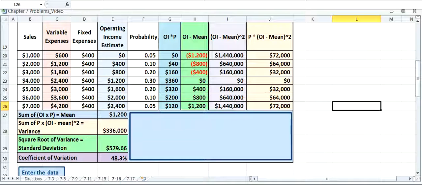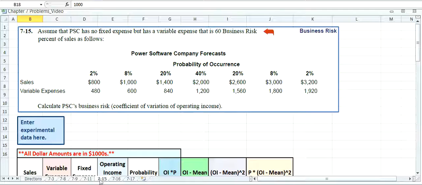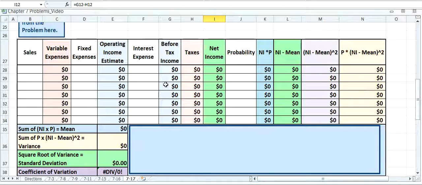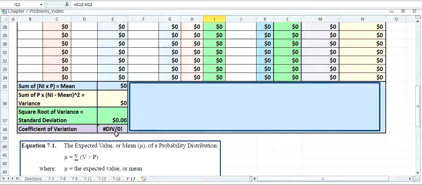Put in your sales from the problem that we got back here. These sales 800, 1,000, 1,400, 2,000 on down, and put the same probabilities you had from problem 715. Jump back over here, and then put in your 60 for your interest expense here, and that's going to give you your comparison.